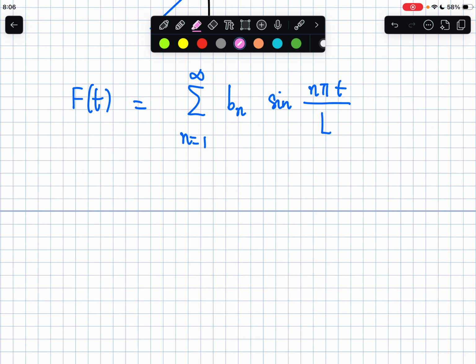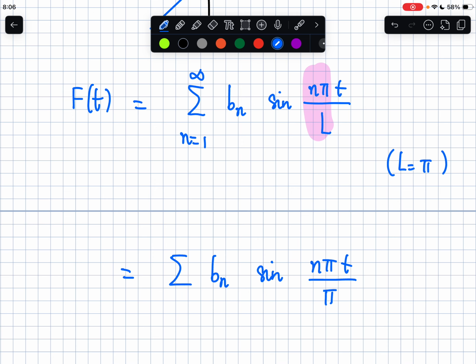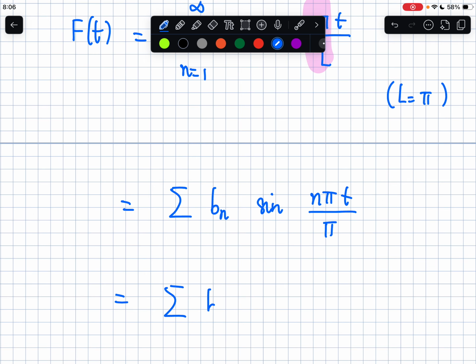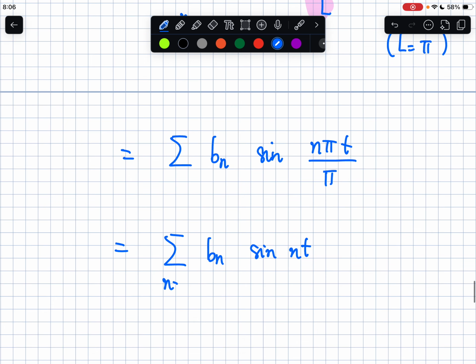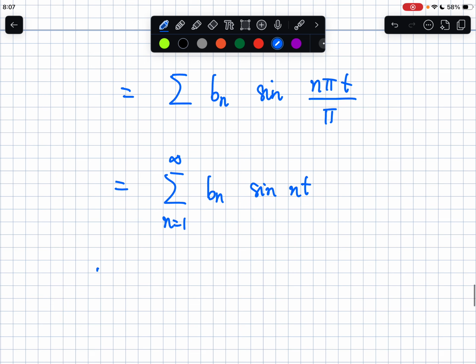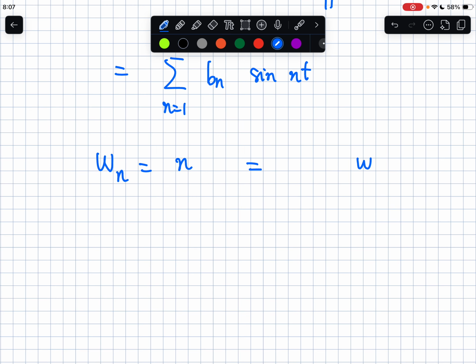We know that this is the summation of B_n sin, with L equal to pi. So n pi t divided by pi is still B_n sin(nt), n from 1 to infinity. So omega_n equal to n. This one equals omega naught equal to 4 if and only if n equal to 4.